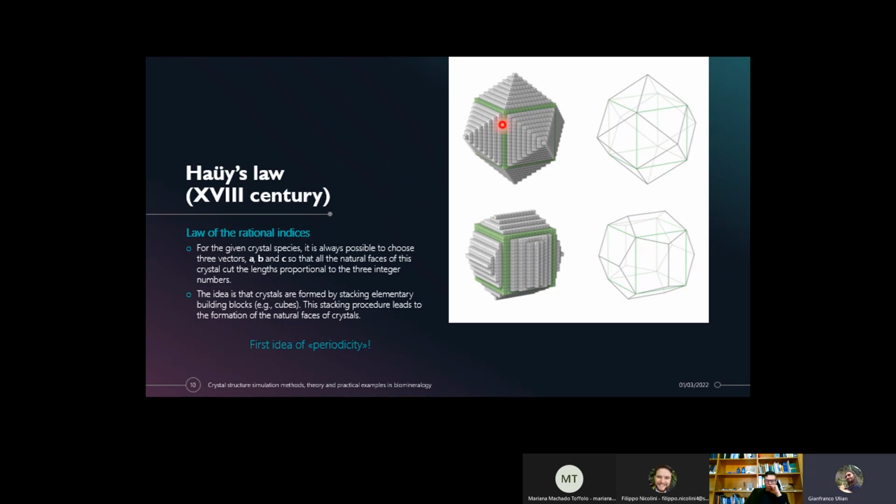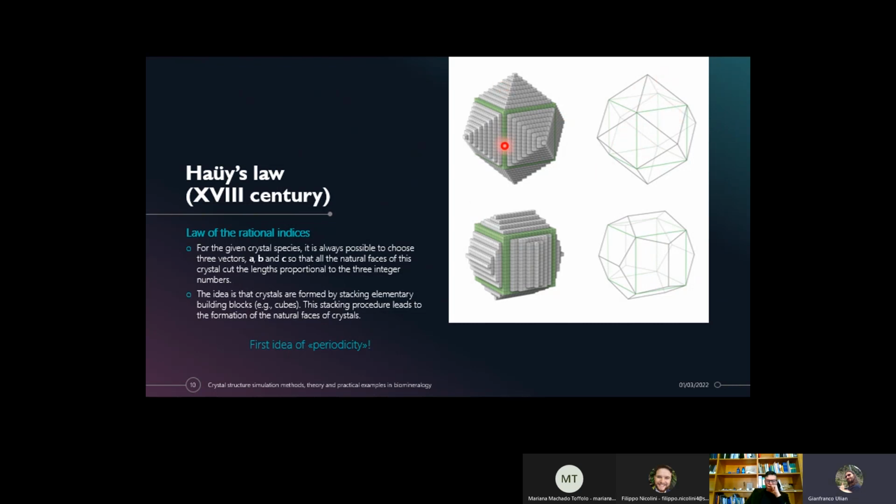For example, in this case here, there are some very small cubes that make the crystal. And if you stack these small building units together, you can obtain different crystals with different faces and different polyhedral shapes.